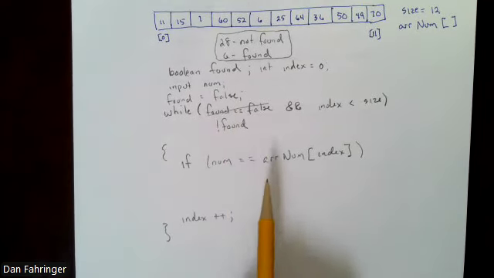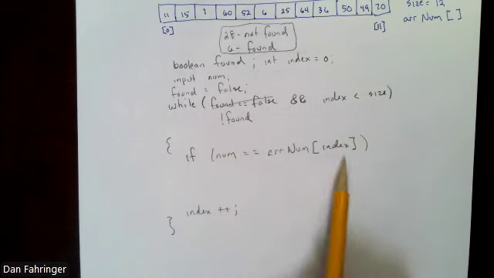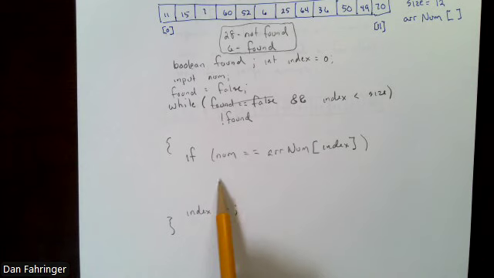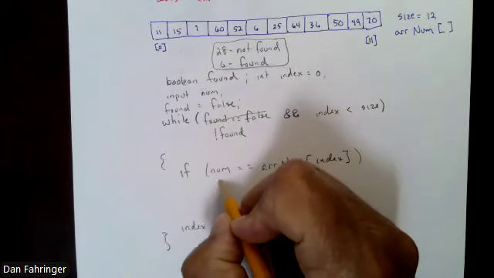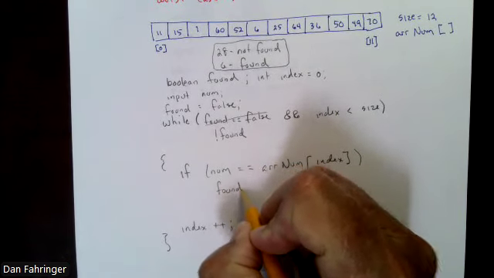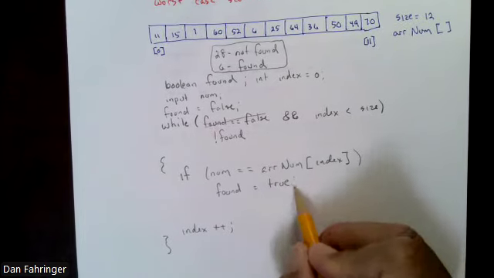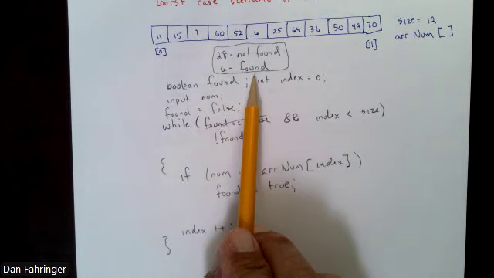If that's true, I come in here and I'm looking for it. Okay. Then I don't know what from here. But I do know one of the things I'm going to have to do is found becomes true, because that's my early way to get out of the loop.